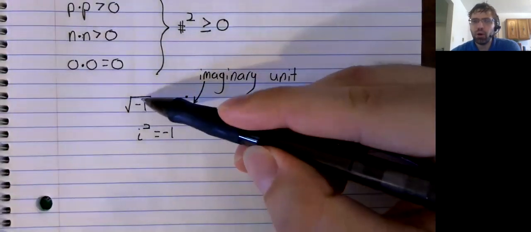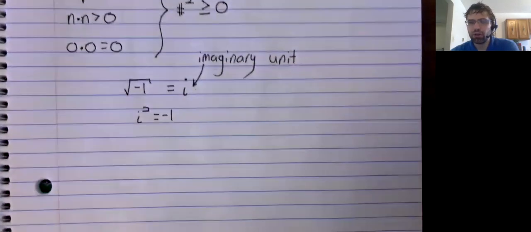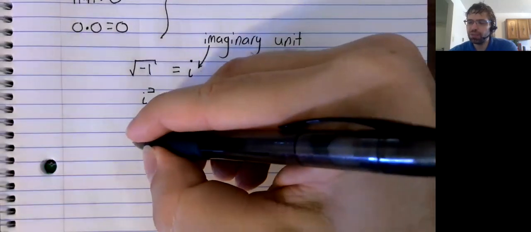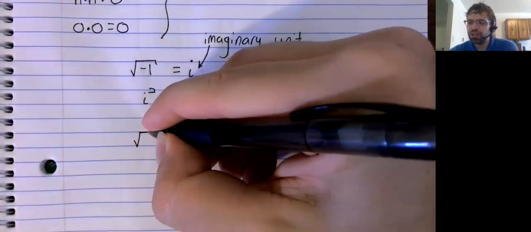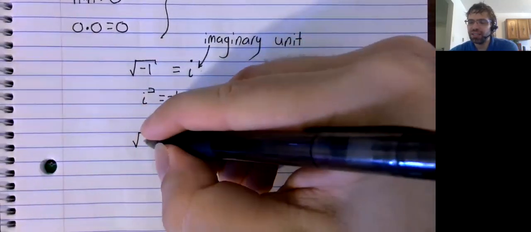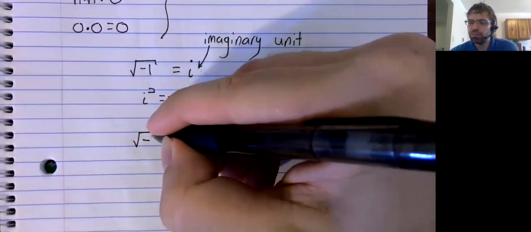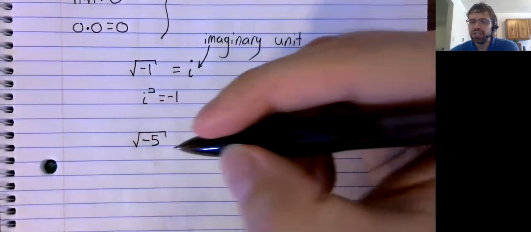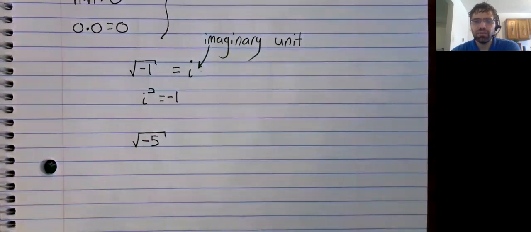What if we want to take the square root of some number that isn't -1, but is negative, maybe the square root of -5?